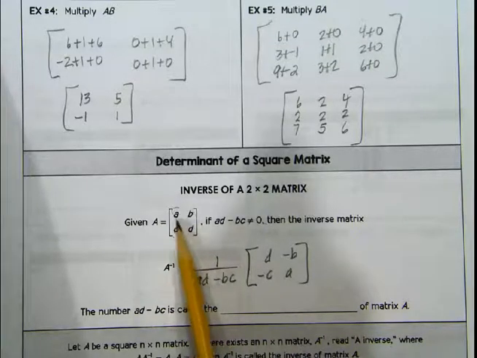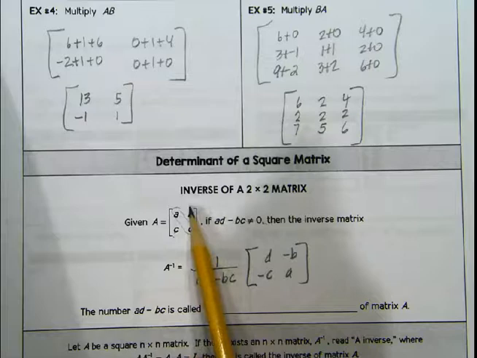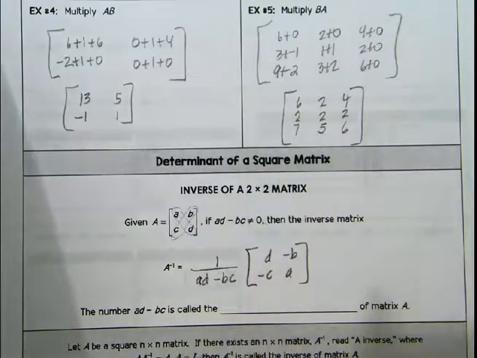And then you're going this times each other minus this times each other, and that's what's on the bottom.